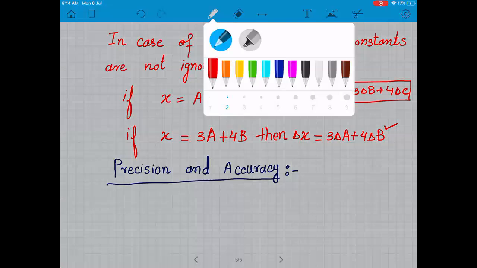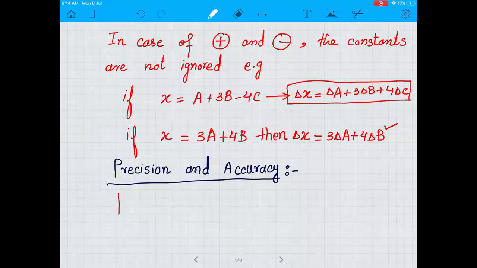Now, first of all, let's define precision. What is meant by precision?